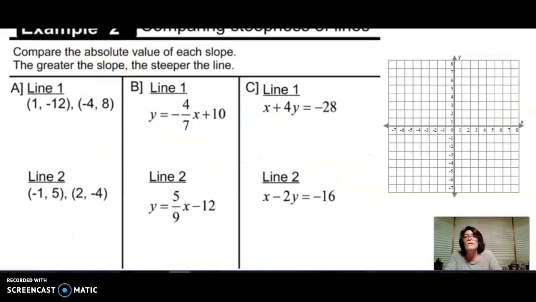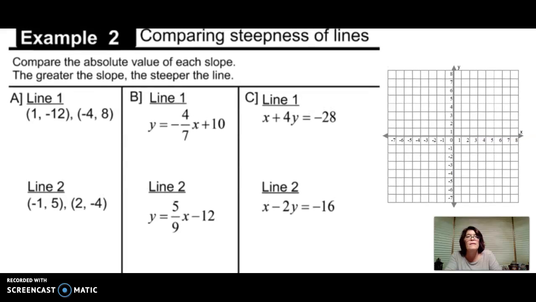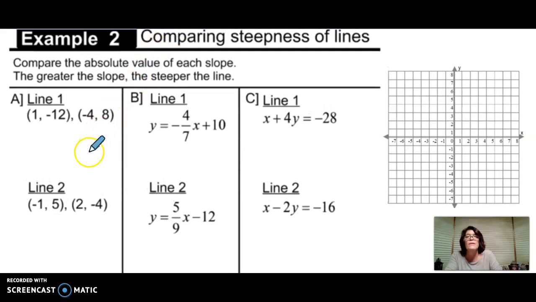Okay, so let's look at comparing the steepness of the line. If we take the absolute value, in other words, we make the slope positive and then compare them, the bigger the absolute value is, the steeper the line. So let's take lines 1 and 2.